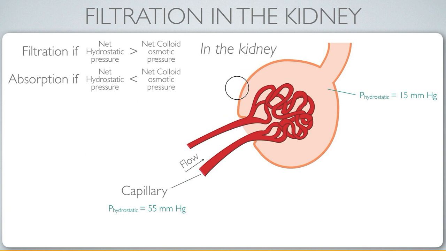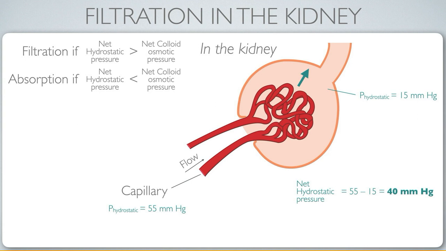This structure, which I'll tell you what it is in a moment, serves to capture the filtrate, the water and the small molecules that emerge from the capillaries. And this space has a hydrostatic pressure of 15 millimeters of mercury. So the net hydrostatic pressure is the difference between the two, 40 millimeters of mercury, which tends to generate a filtrate. Okay, that's the direction of filtration, which we see by this green arrow.